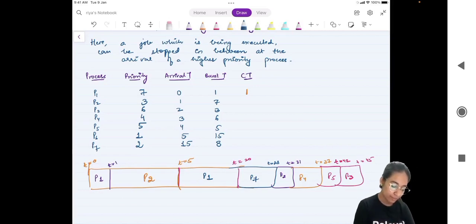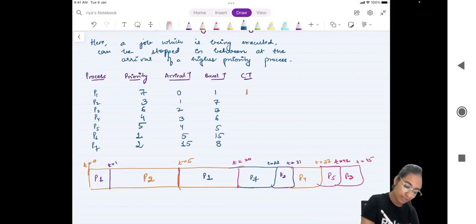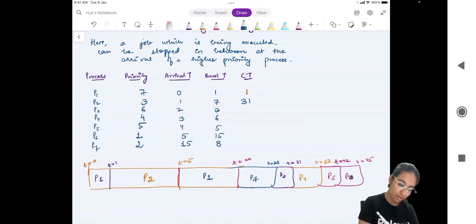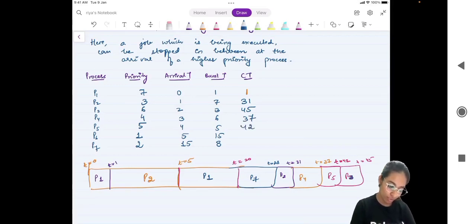The completion time for P2 is basically 31. The completion time for P3 is 45. The completion time for P4 is 37. The completion time for P5 is 42.